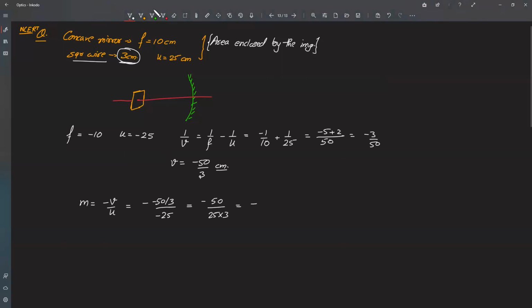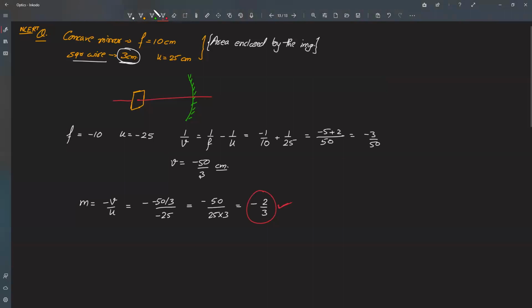Magnification is minus V by U, which is minus 50 by 3 divided by minus 25, which is minus 2 by 3. So this is the magnification. You must have got this, that magnification is -2 by 3.